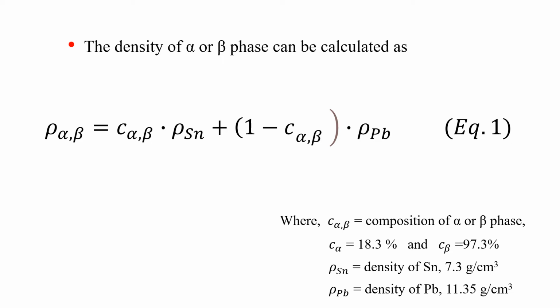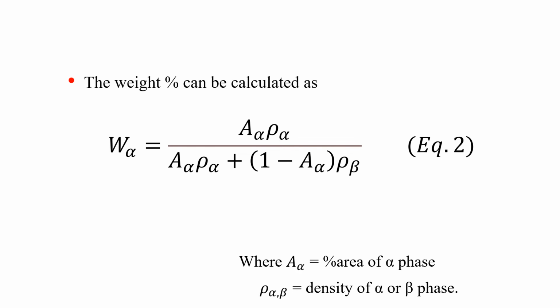This is our first equation for this experiment, substituting the composition of alpha or beta phase, C alpha or C beta. On the other hand, we need the density of the Sn or Pb. The corresponding weight percentage can be calculated with the following equation.